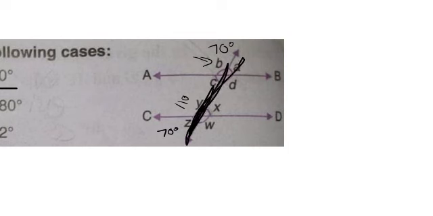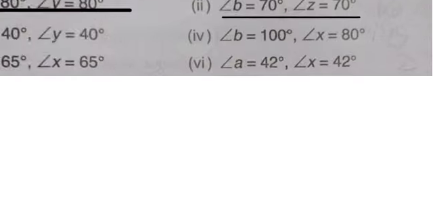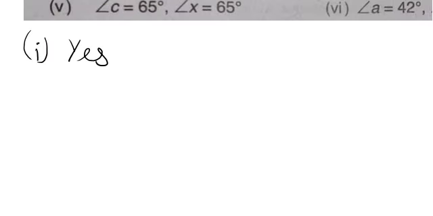So we'll get 110. Now again, B and Y are corresponding angles. If they are equal, then the lines are parallel. If they are not, then the lines are not parallel. You can see B is 70 degrees whereas Y is 110. So they are not equal. This means that our lines are not parallel. So you can simply write no for this one.